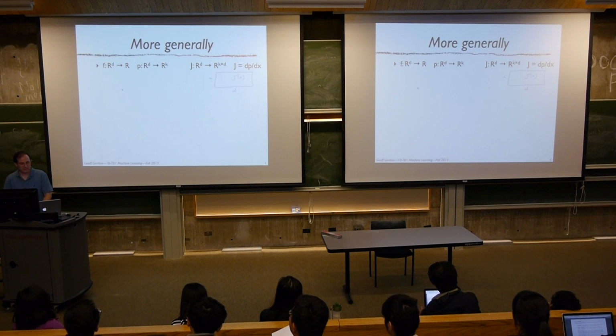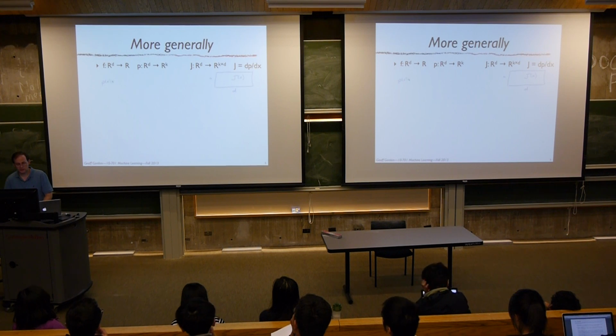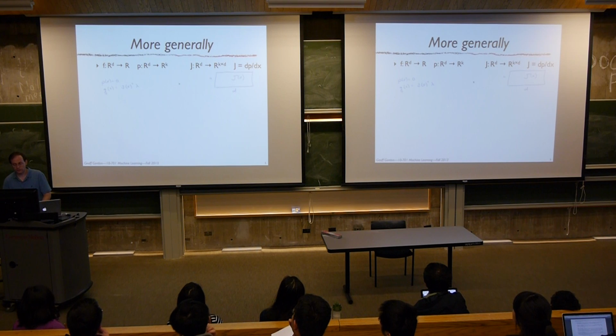Then essentially the same condition holds: we still want p of x equal to 0, but we want g of x, the gradient, to equal J of x transpose lambda. And if we had p equals Ax minus b like on the last slide, then J would just equal A.